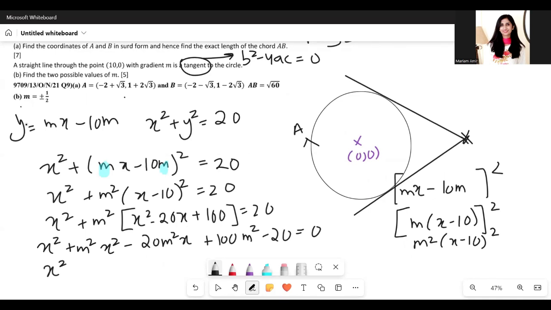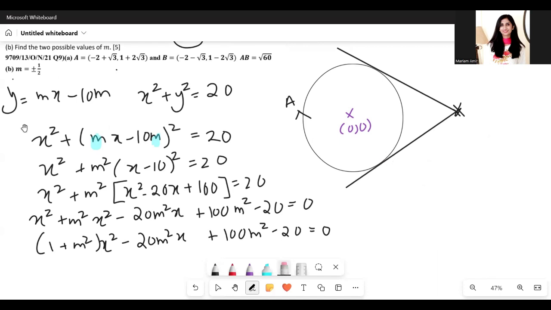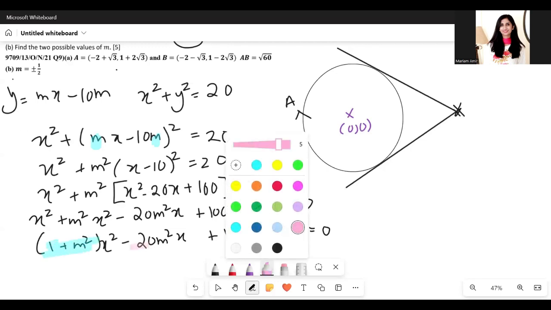So we have x squared, and take x squared common in both of these: (1 plus m squared) x squared minus 20 m squared x. That's the x term, and the constant is 100 m squared minus 20, equals 0. Now we need to get the a, b, and c from these. Okay, so a is the coefficient of x squared, b is the coefficient of x, that's going to be minus 20 m squared, and c is the constant.